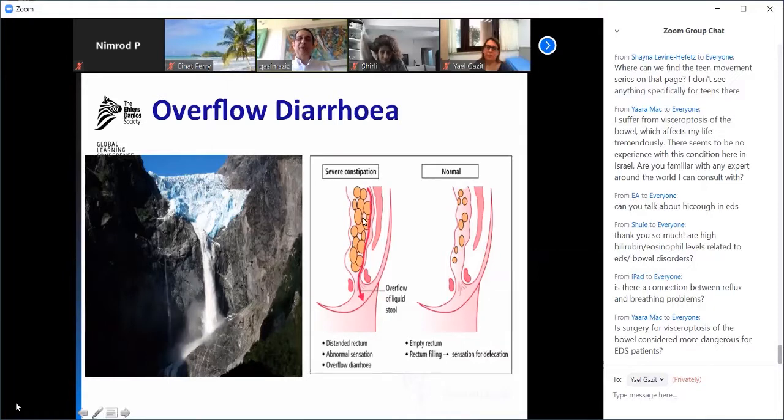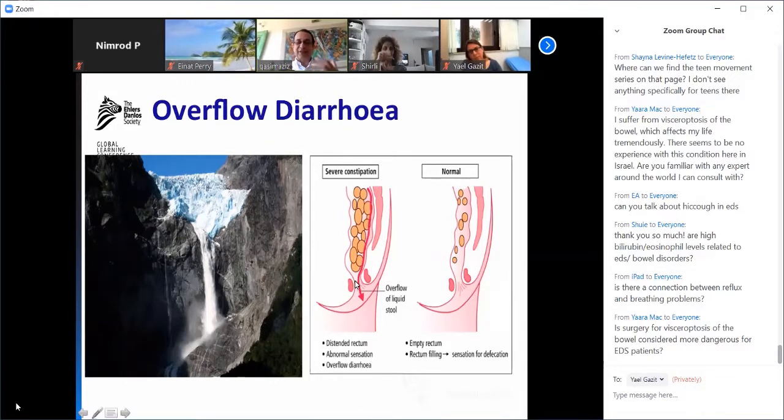But in patients with severe constipation, there is a lot of stool in the bowel, particularly in the lower bowel, in the rectum area, and this stool is not passing through as well as it should. So what can then happen is that sometimes bits of the stool on the edges will break down and come down as liquid stool. So what we describe as overflow diarrhea. So it just gushes down into the lower part of the rectum.